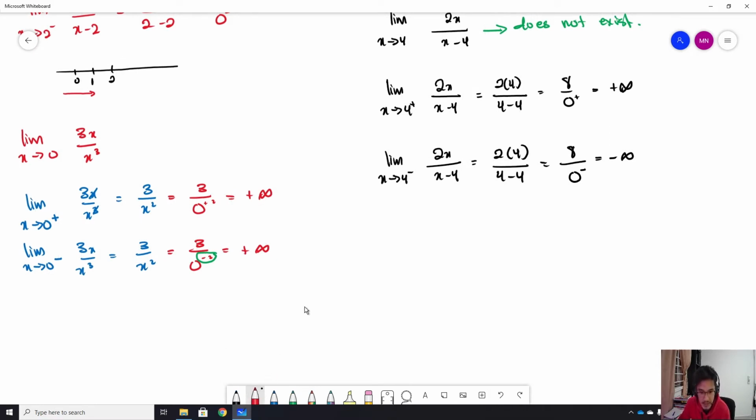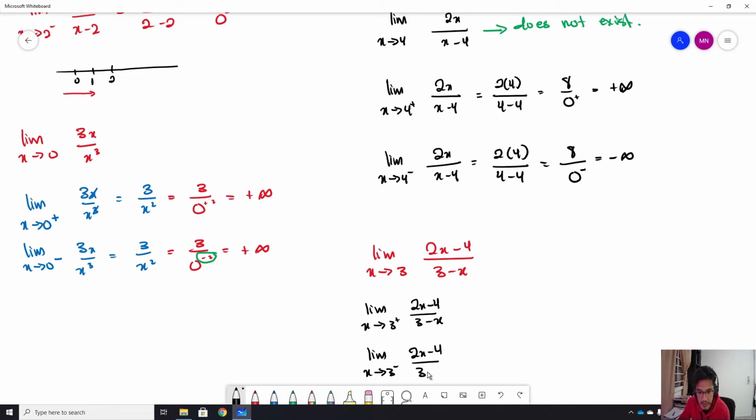Let's look at one more example. We have the limit as x approaches 3 of 2x minus 4 over 3 minus x. We split it first into the limit as x approaches 3 from the right of 2x minus 4 over 3 minus x, and the limit as x approaches 3 from the left of 2x minus 4 over 3 minus x.